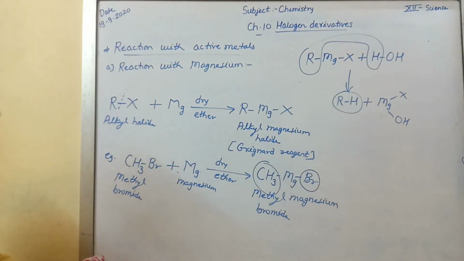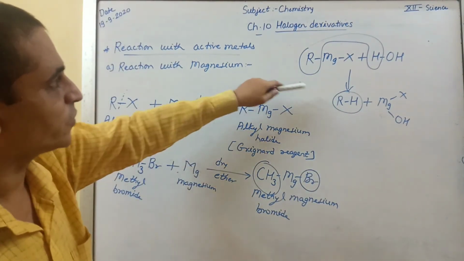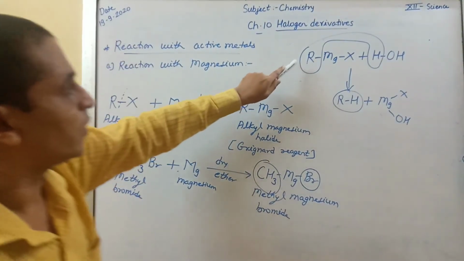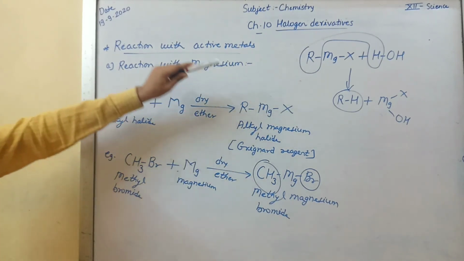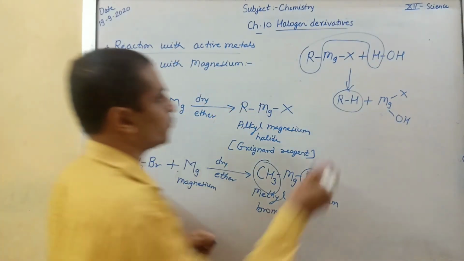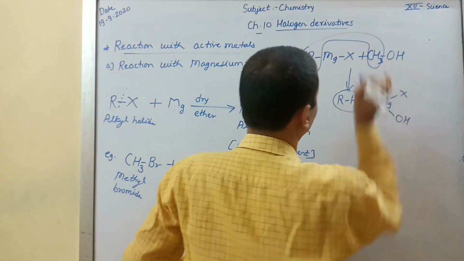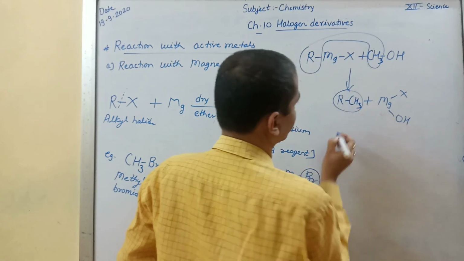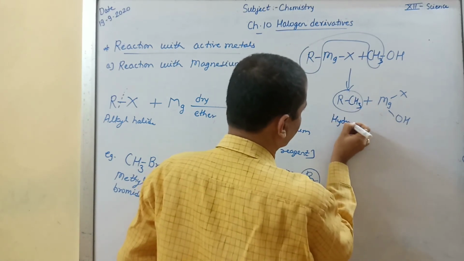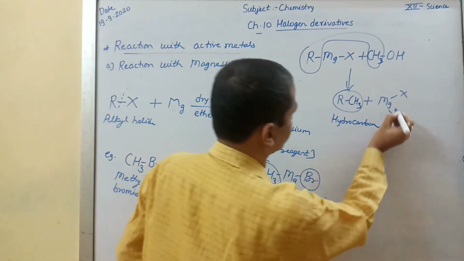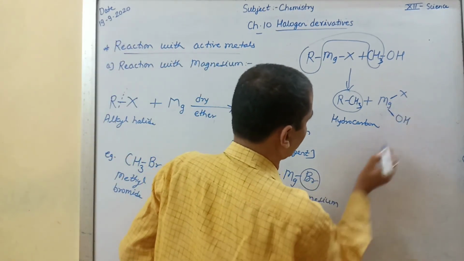Now, I hope you understood this reaction. If this alkyl magnesium halide is treated with methyl alcohol, then what is the product? You get RH, that is again hydrocarbon, and magnesium attached to X and OCH3.